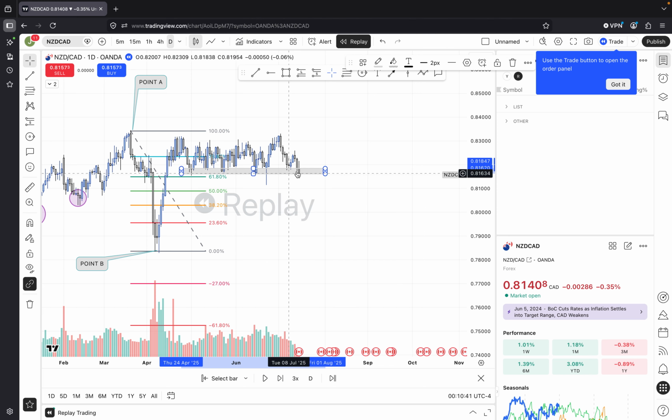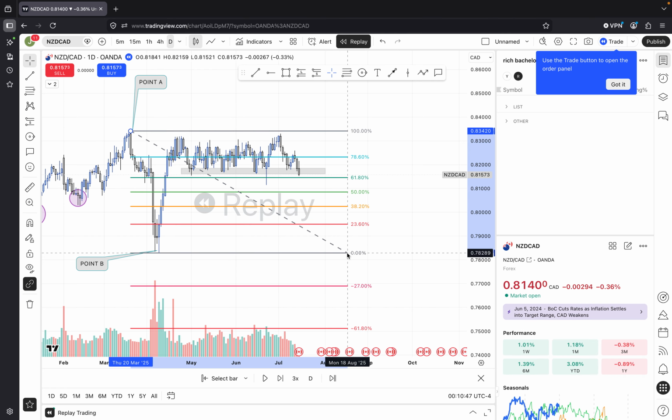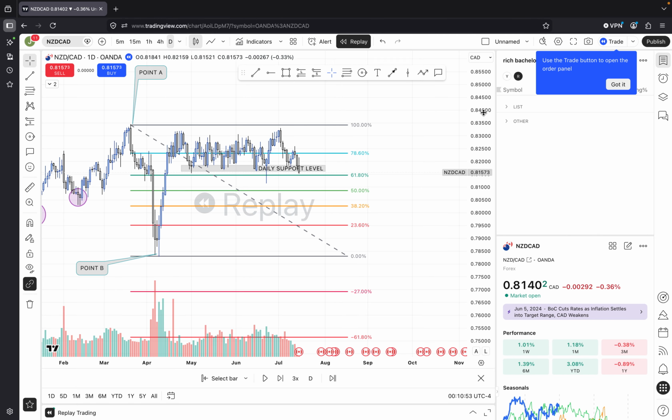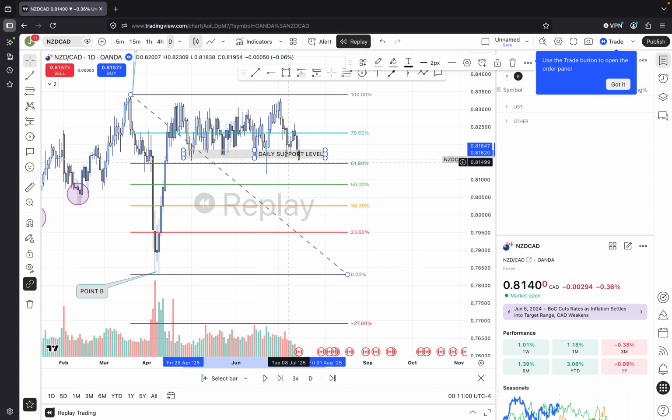I'm going to drag over this Fibonacci too. This is where price has repeatedly hit multiple times. Since price has touched this area 1, 2, 3, 4, 5, 6, 7, 8, it's touched this area multiple times. That's how we know this is our support.